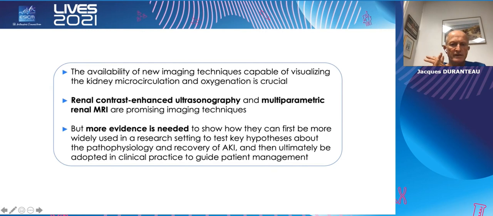Renal contrast-enhanced ultrasonography and multiparametric renal MRI are promising imaging techniques, but more evidence is needed to show how they can first be more widely used in a research setting to test key hypotheses about the pathophysiology and recovery of acute kidney injury, and then ultimately be adopted in clinical practice to guide patient management.